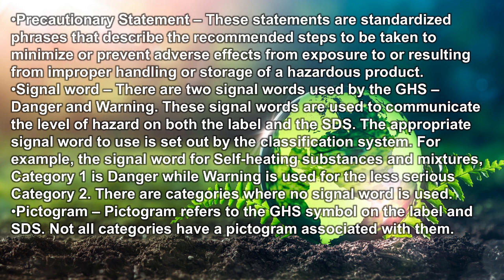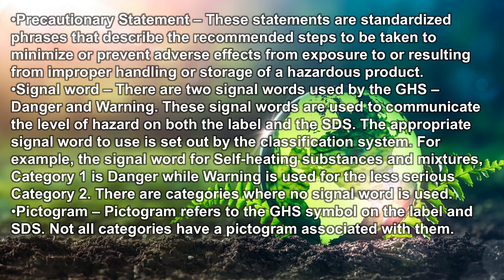Signal word: there are two signal words used by the GHS, danger and warning. These signal words are used to communicate the level of hazard on both the label and the SDS. The appropriate signal word to use is set out by the classification system.